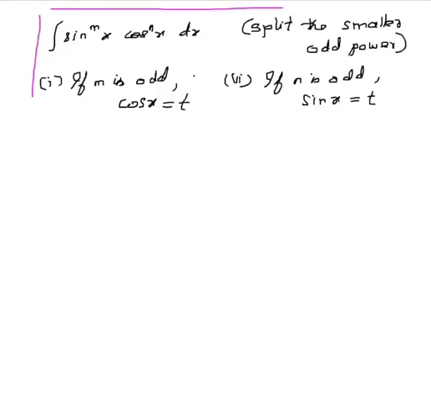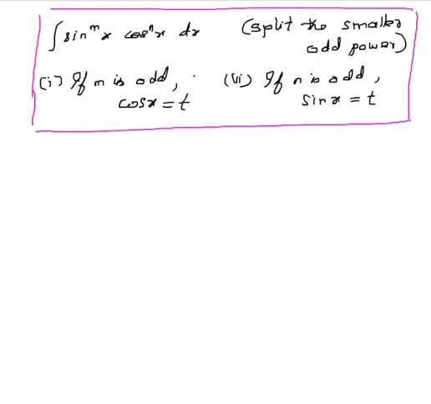So one of them is an odd power here. If both are even powers, the method is different. Write this formula in your formula notebook. And we have question number 5, which comes under this type. Let's do that.